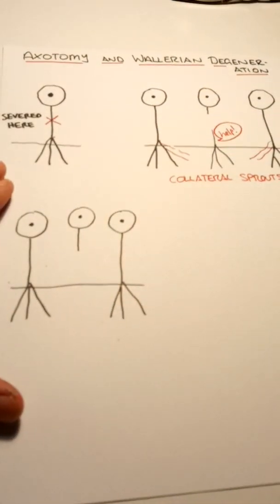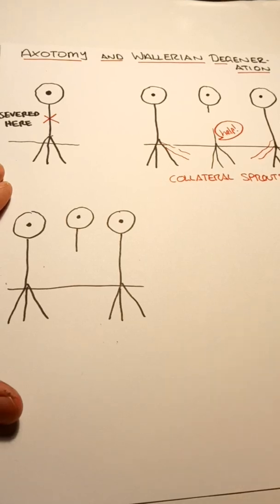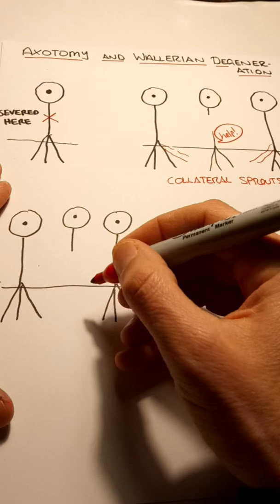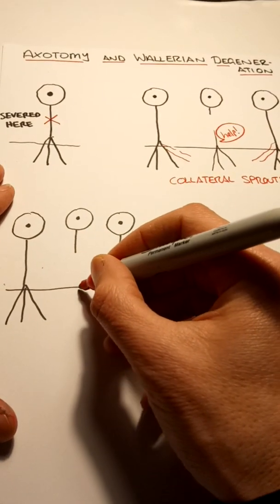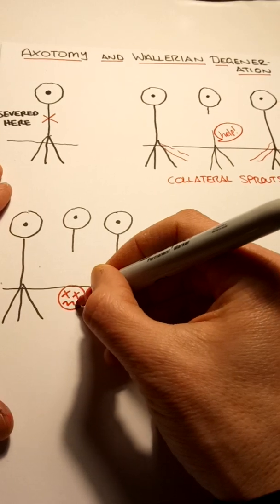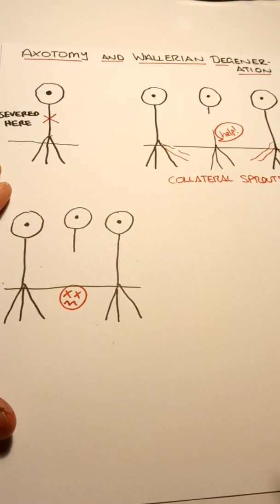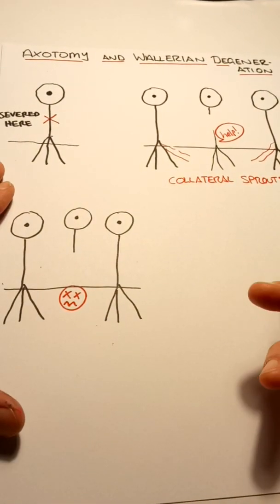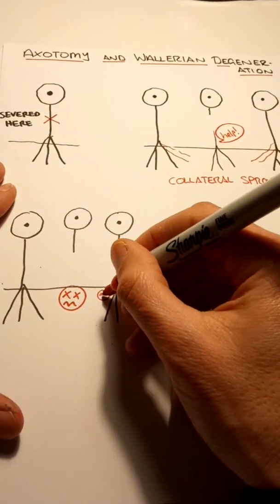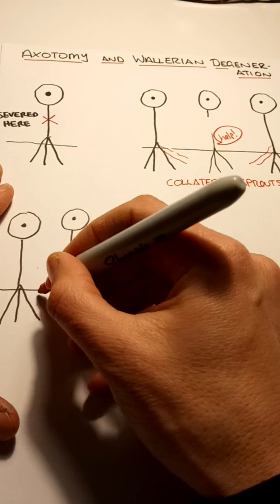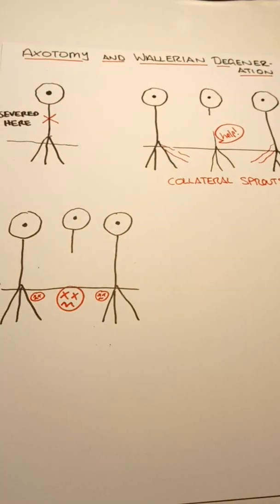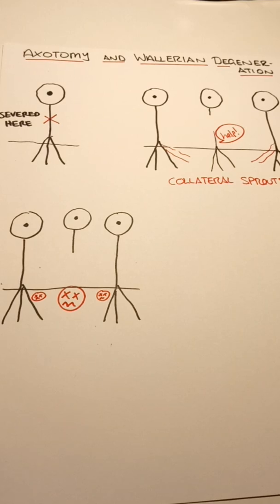So those bits at the end, the distal bits, sorry, they die. Okay, they die, and so do the collateral bits as well. They failed. You know, they tried their best, but they failed.